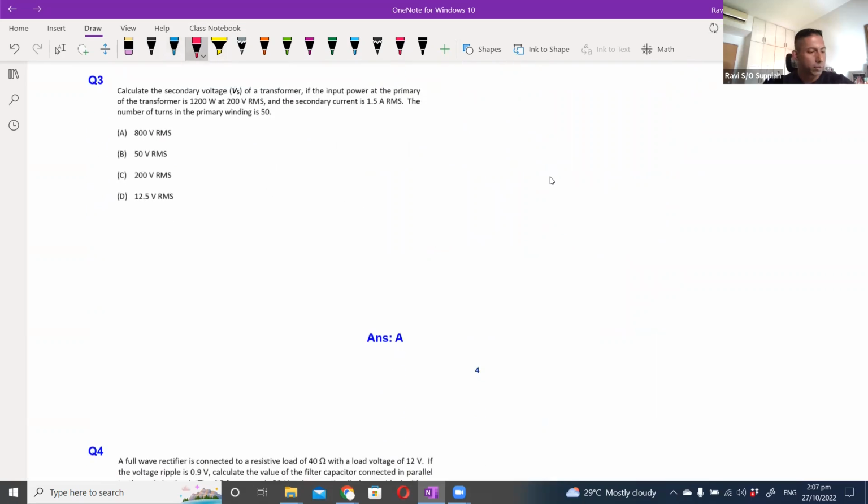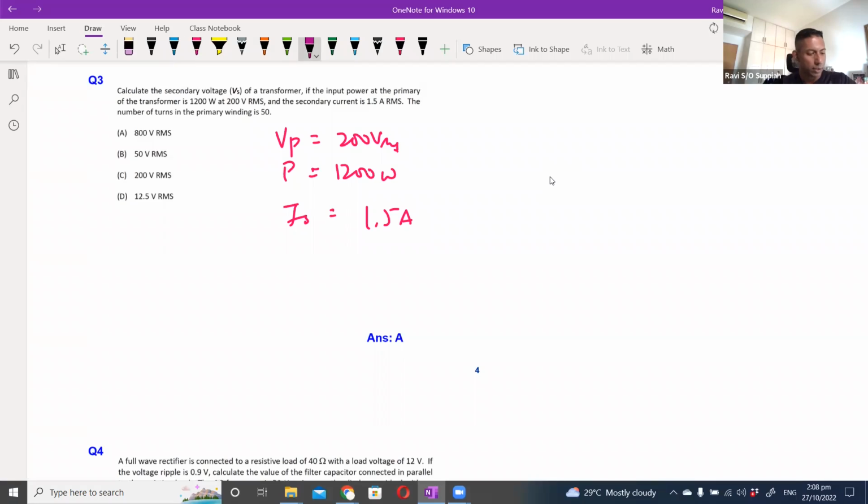Question 3 is a transformer question. You have primary voltage 200 VRMS and power at the primary side given as 1200 watt, and the current at the secondary side is 1.5 ampere. They asked to calculate the number of turns and the secondary voltage.